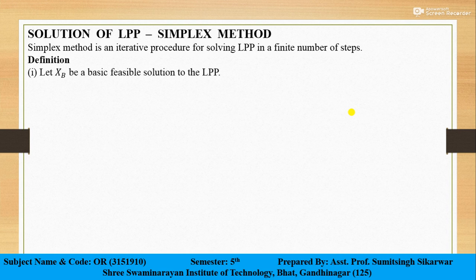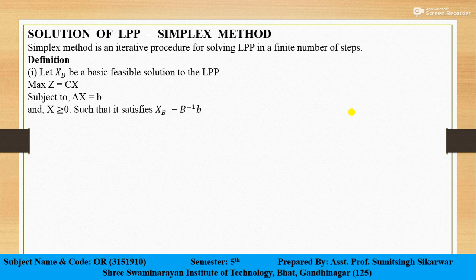Let xb be the basic feasible solution of any LPP, and we need to maximize z equals cx, subject to Ax equals b, which is our subject constraint, and our non-negative constraints are x greater than or equal to 0. Now it satisfies that xb equals B inverse b, where B is a basis matrix formed by the columns of basis variables.